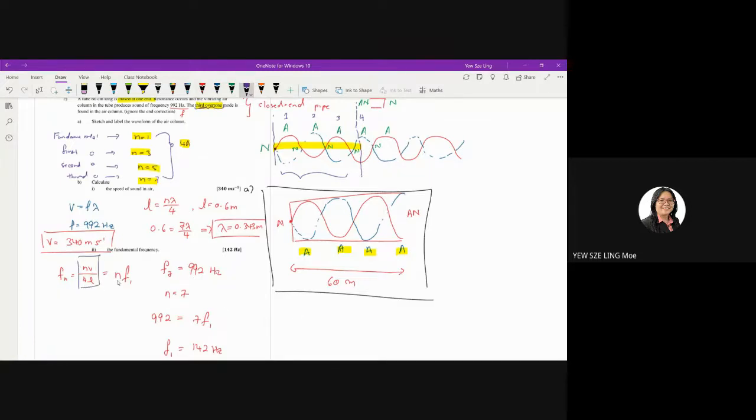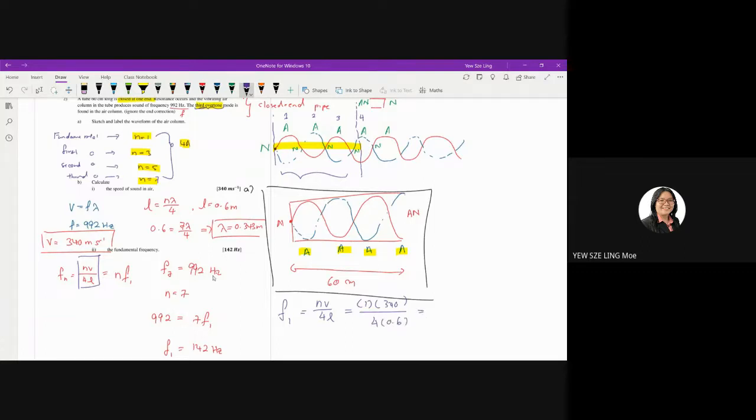If you want to calculate the fundamental frequency using nv over 4L, f1 equals nv over 4L. Since it's the fundamental frequency, n equals 1. V, according to the previous question, is 340, divided by 4 times 0.6.